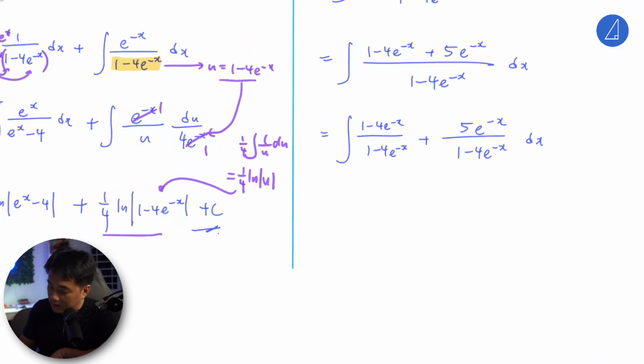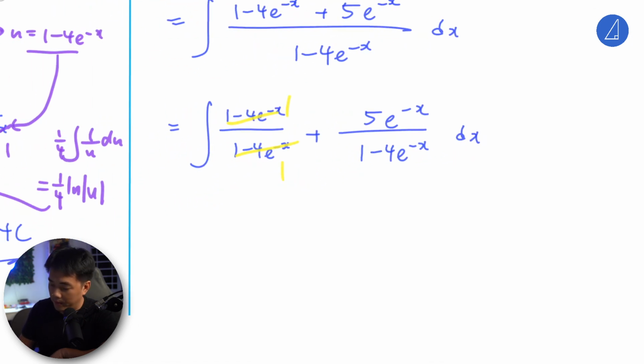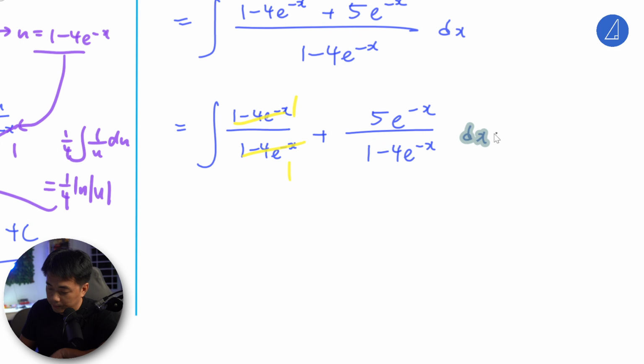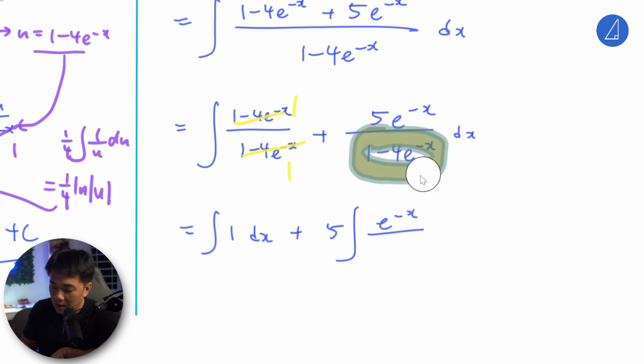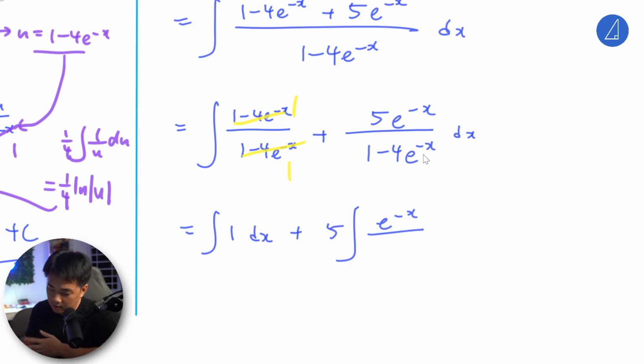Okay, so in this case, you cancel away. The first one will be 1 over 1. Then after which we could integrate this guy: 1 dx plus 5e^(-x) over 1 minus 4e^(-x). Same thing, I'm going to let this guy be u. Or not, you could just use the f prime over f(x) method. It's the same thing. So for my students, I'll just say let this be u, and you can just integrate.